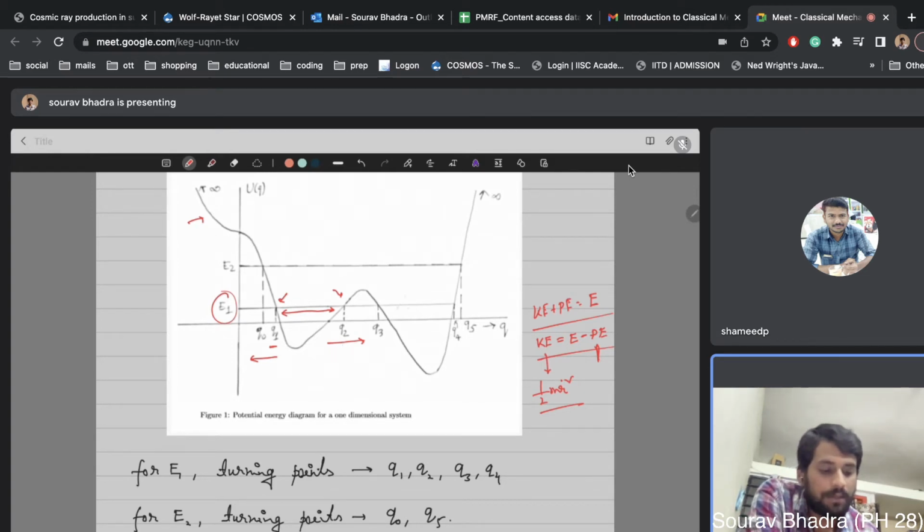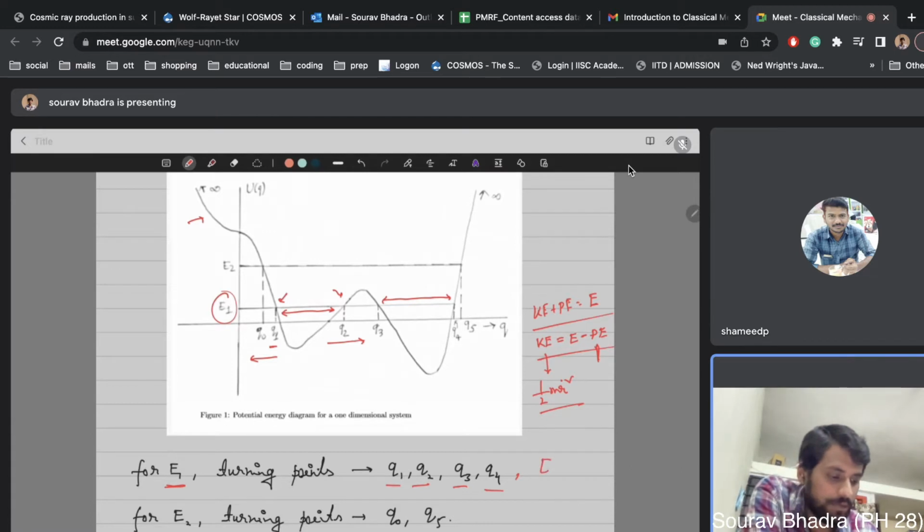But again, the particle can be in this Q3 to Q4 region, for the same reason. Here the potential energy is less than the total energy, so there is a non-negative kinetic energy. So for the energy of E1, our turning points are Q1, Q2, Q3, Q4, and the motion will be bounded within those regions.